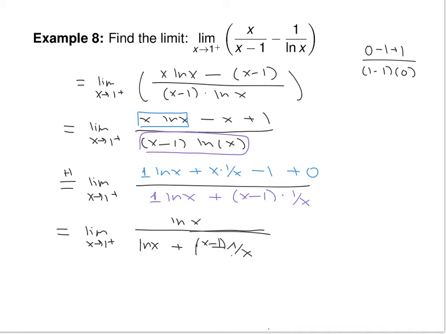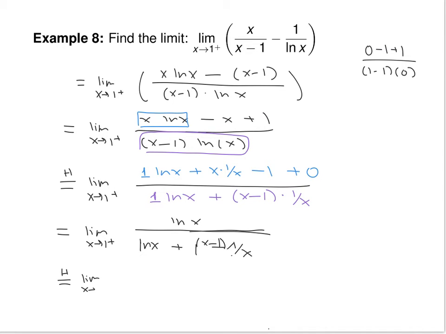Do you agree with the algebra? And do you agree that it is still 0 over 0? Yes, Rachel? Where did the negative 1 go? This x times 1 over x is 1, and that takes out the other negative 1. But I think one more time will be enough.